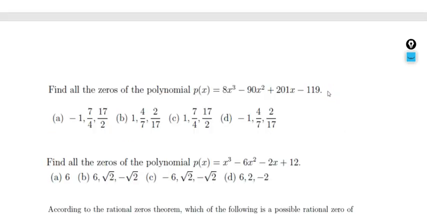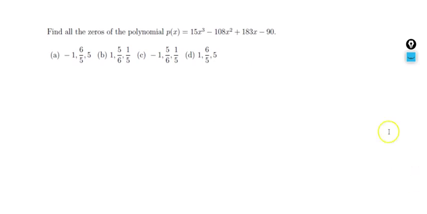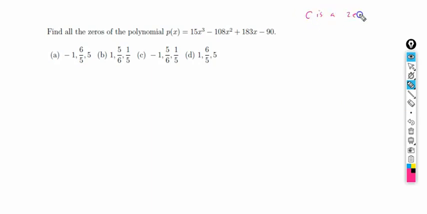We could have something like this: find all the zeros. Well, from the list of things that mean the same thing, if c is a 0 and c is a real number, then that means the same thing as the point c comma 0 is an x-intercept.